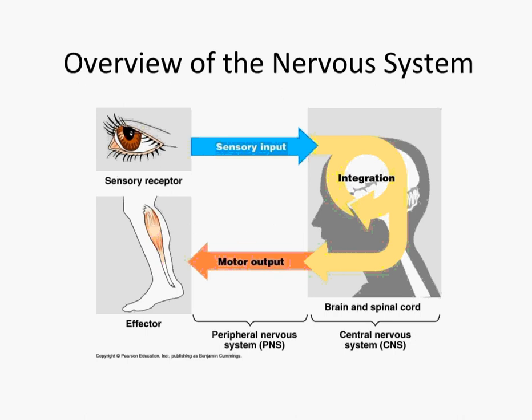And then the final step is the motor output. Motor means movement, and so typically this is going to be one of 2 outputs. It's either going to be muscular in response, or it's going to be glandular, like some sort of gland that's going to secrete a hormone.